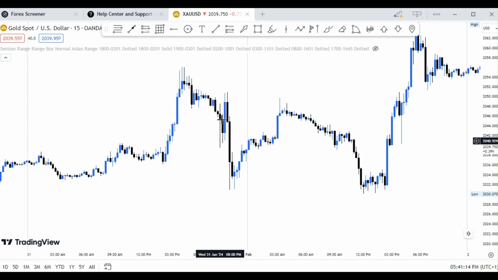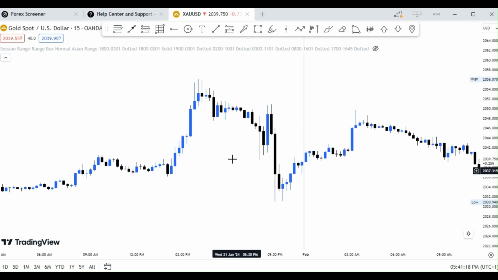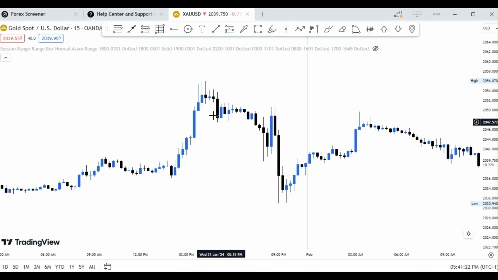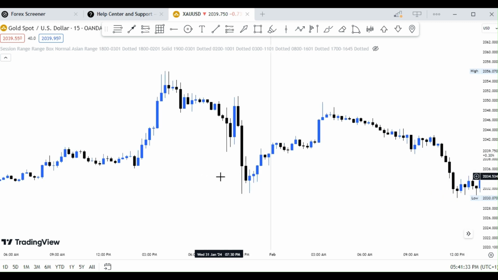Where did it sell from? You can see that there's a liquidity taking above before selling down. So a lot of movement happens here. If you understand any high that already took liquidity before, it has every chance to sell the market down if the trend is still in that direction.